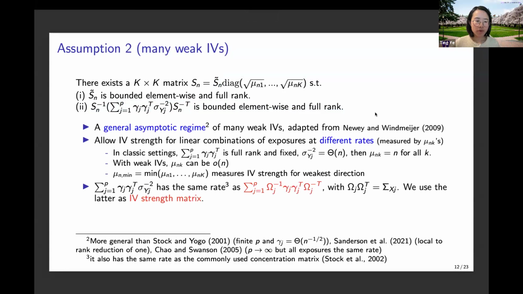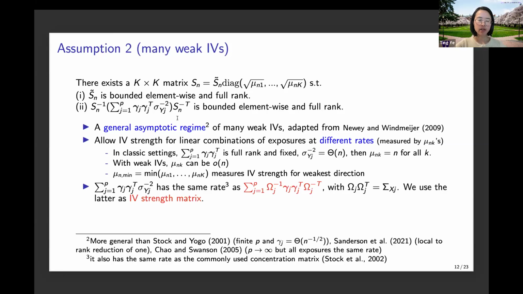So this is what we propose as a general asymptotic regime of many weak IVs. And this is adapted from the landmark work of Newey and Windmeijer that proposed generalized method of moments in the weak moment setting. But we adapt their assumption into summary data multivariable Mendelian randomization.